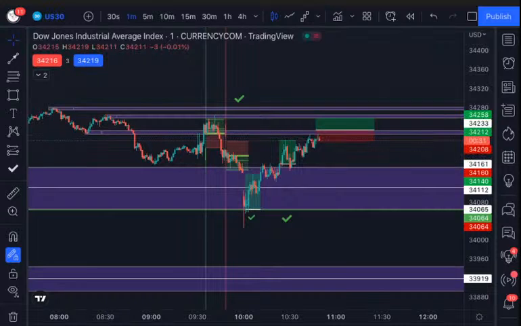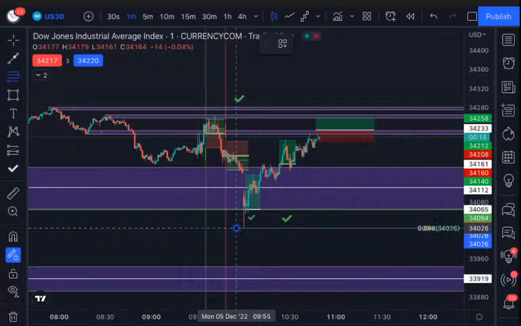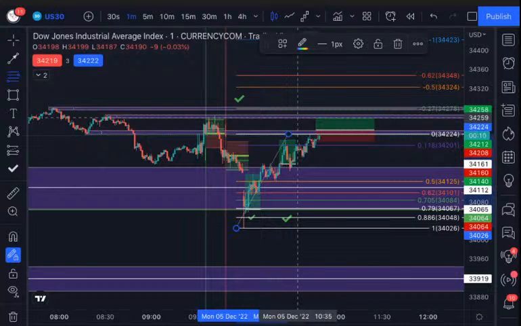Yeah, it might be overextended. It needs to pull back a little. Man, I feel like right now it just needs to do an extra 30 points, and we'll be good.